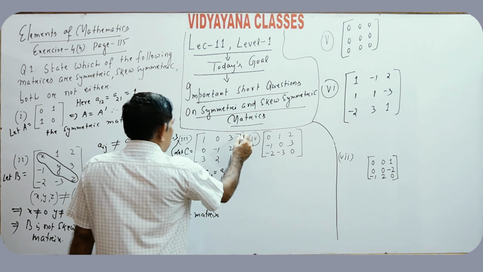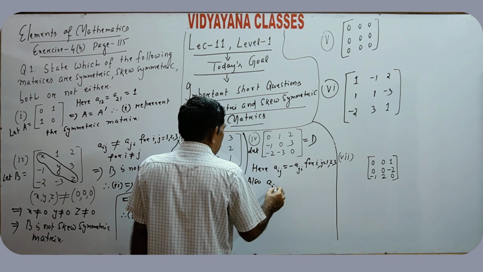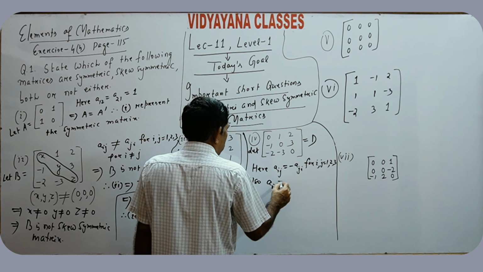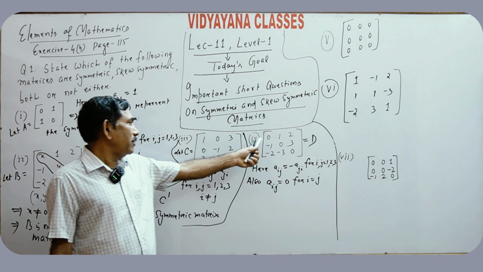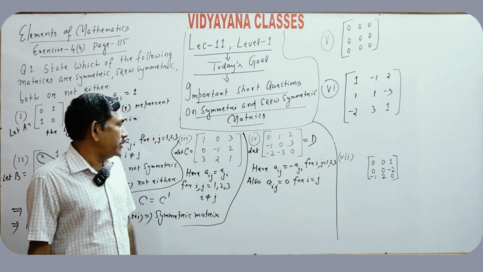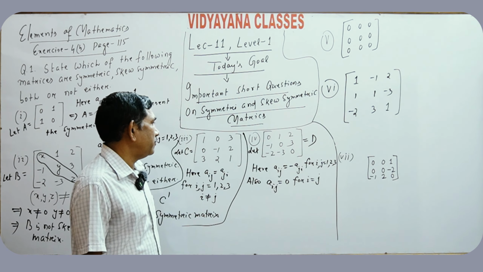Also, Aij is equal to 0 for i is equal to j. That means the diagonal elements all are 0 for i is equal to j.